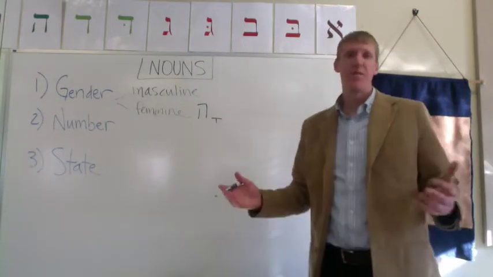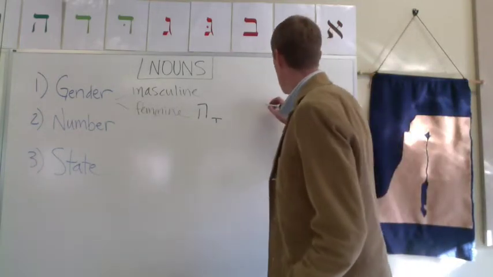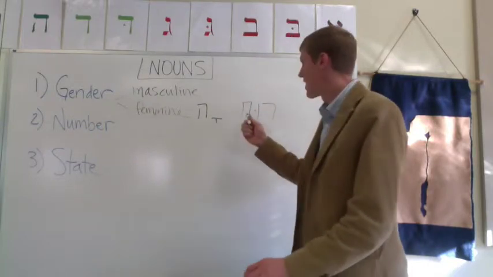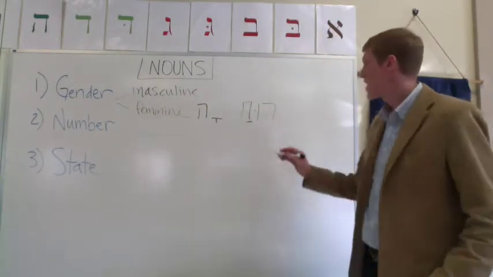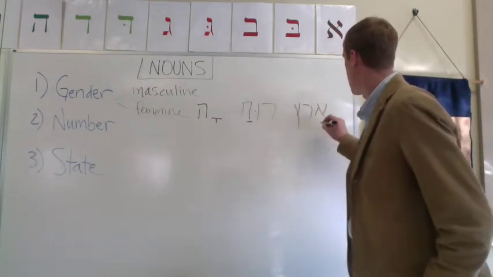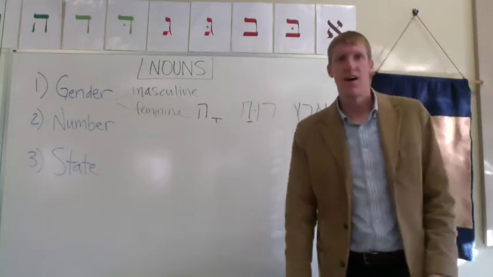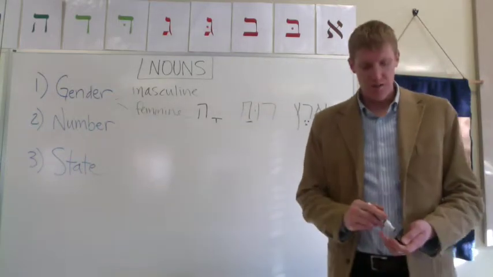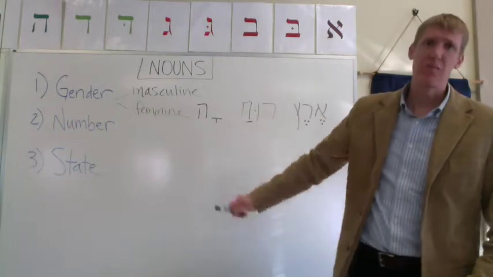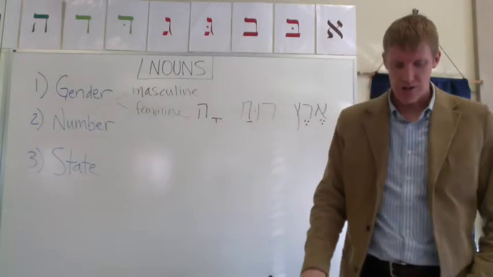However, you can have a feminine noun that ends in any letter, really. You can have ruach, that ends in a chet. You can have eretz, that ends in a tsadi sofit. It doesn't really matter. But most commonly, the qamets he will be the ending of the feminine singular noun.